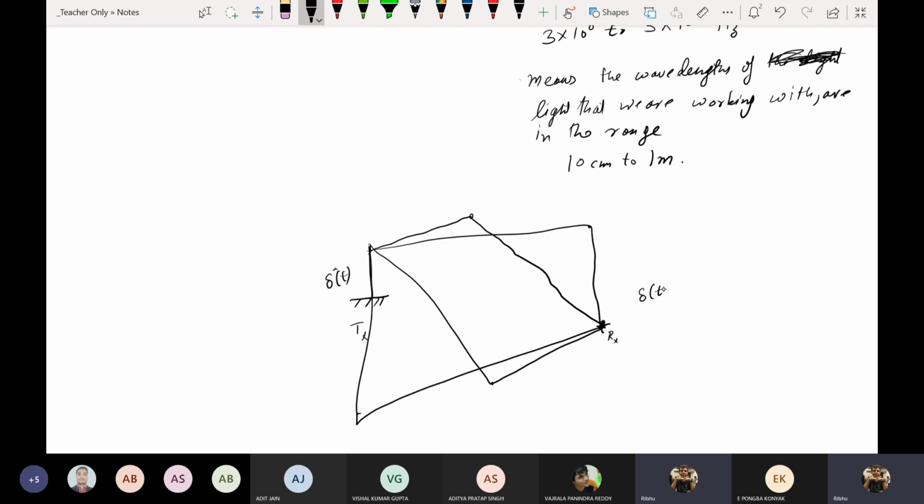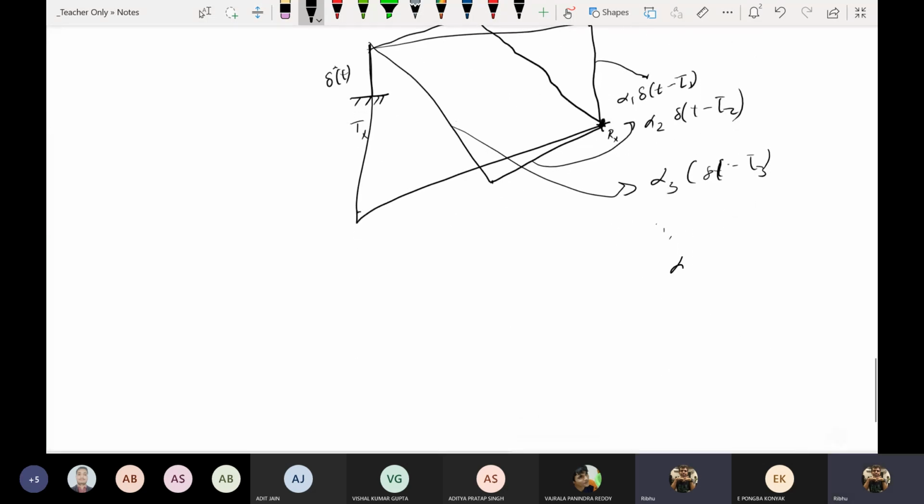I'll receive alpha 1 delta t minus tau 1 from this path, alpha 2 delta t minus tau 2 from this path, alpha 3 delta t minus tau 3, and alpha L delta t minus tau L, right?